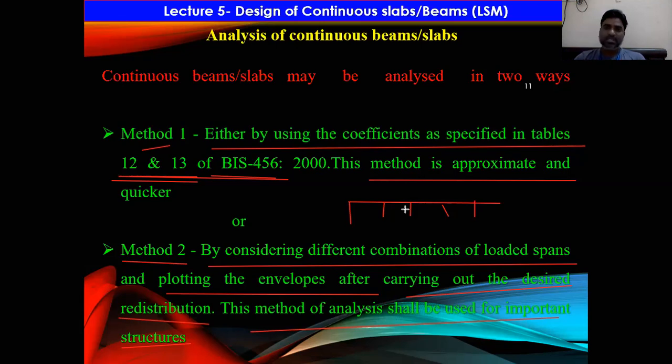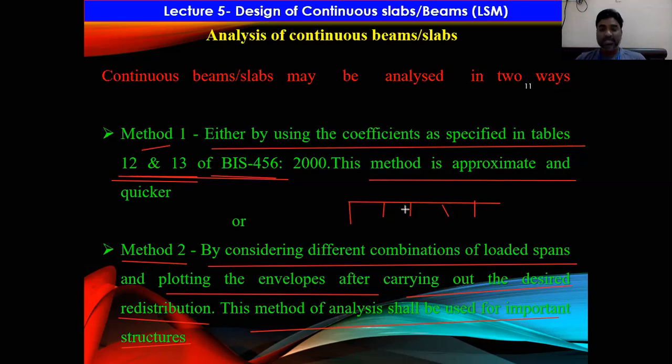See here, IS 456 proposes some method. In that method, it is giving the coefficients for determining the maximum bending moment and shear forces, right? It is not giving any type of design. Design is completely different, but to design that, you need shear forces and bending moments.